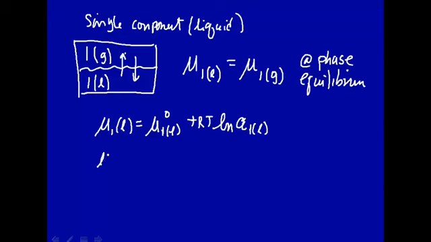The same way, component 1 in the gas phase is equal to the chemical potential of component 1 in the gas phase, standard state, plus RT times the natural log of the activity of component 1 in the gas phase.